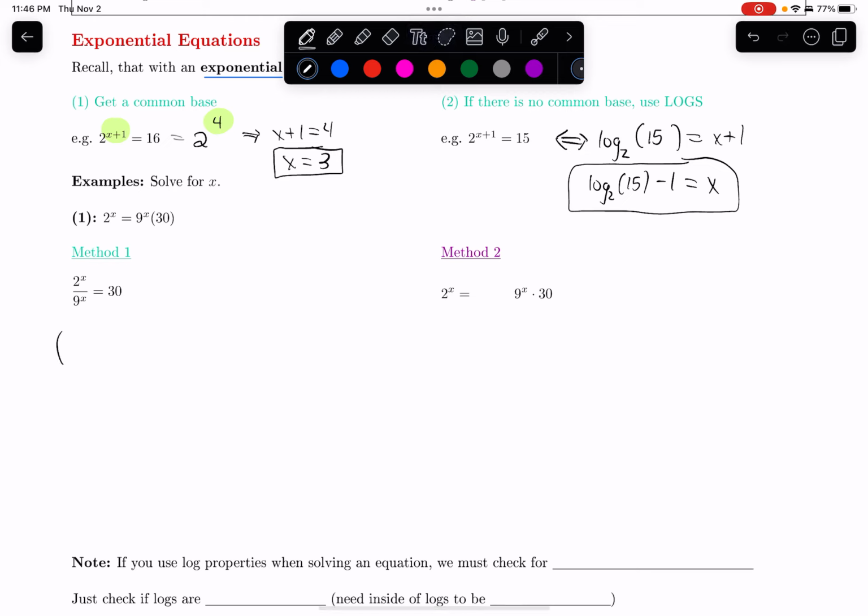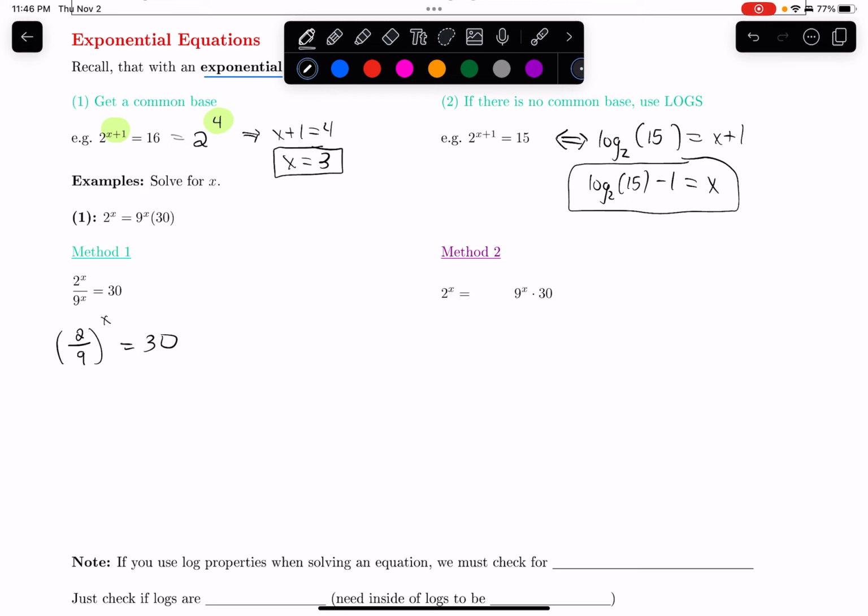I can write this as one big fraction to the x power, with 2 over 9 inside the parentheses. If I'm dividing two things and the whole thing is raised to a power, I am allowed to distribute that power to each one of the terms. I can distribute a power when I'm dividing or multiplying two terms, but I can't distribute a power when I'm adding or subtracting terms. So this whole thing equals 30.